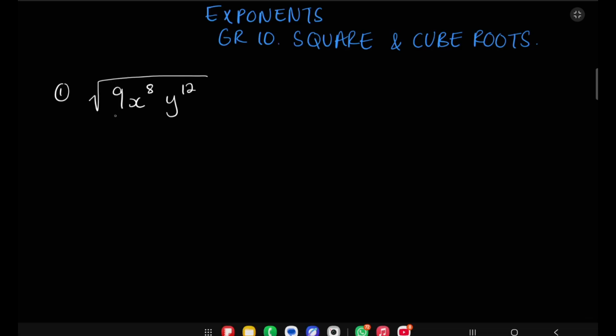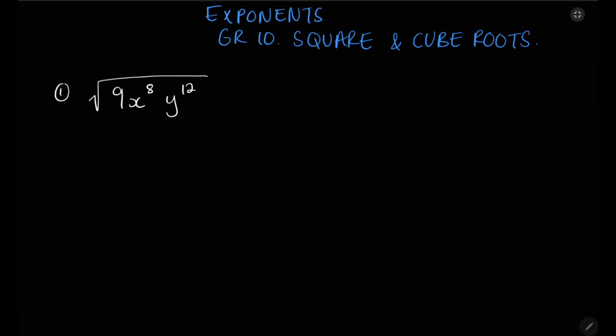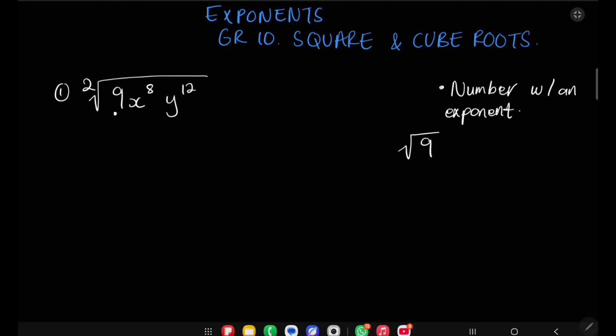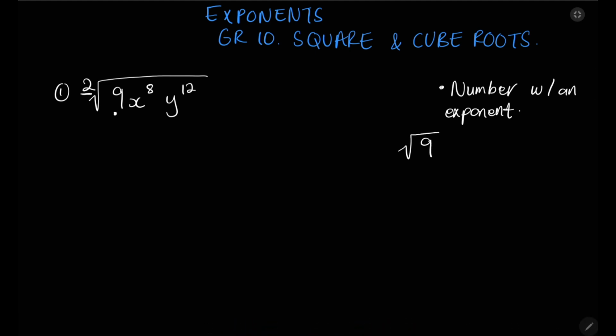So let's try the square root of 9x to the power 8, y to the power 12. Remember, when you don't have a number there, it's a square root, so you have to write down your 2. The first step will be to write your number with an exponent. We have 9 there. You have to solve for that coefficient. To do so, let's find the square root of 9. And remember, you always look at that number.